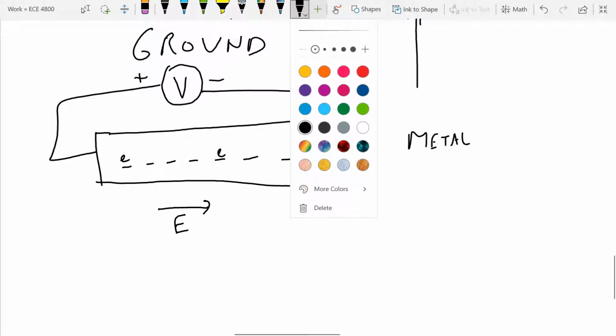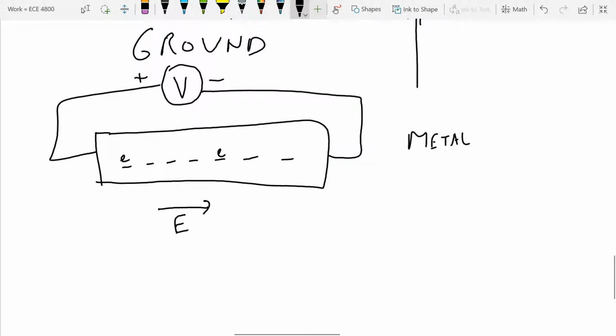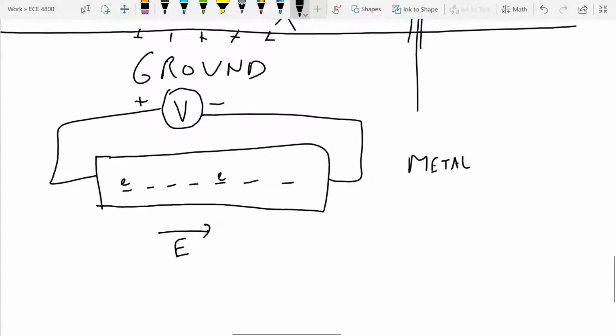In a semiconductor, the situation can be a little more complicated, and I'll go over this in more detail in a second. But for right now, the main point is that these electrons can hop from state to state and move through the material. One of the mistakes I made here is that electrons move opposite the electric field, so if there's an electron here, it would hop this way.